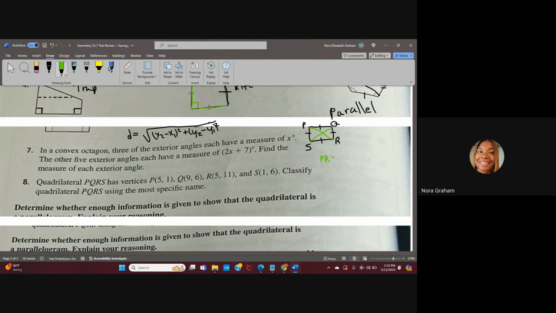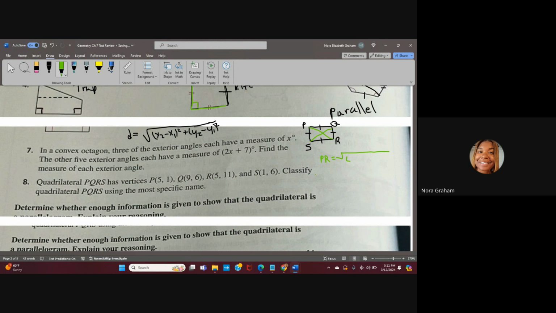All right. And again, you're just using the distance formula for that. I'll just set up the distance formula so you guys can see these ones. It's going to be 5 minus 5, because P and R, right?